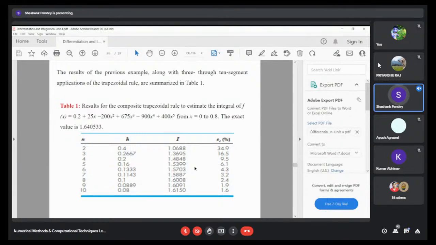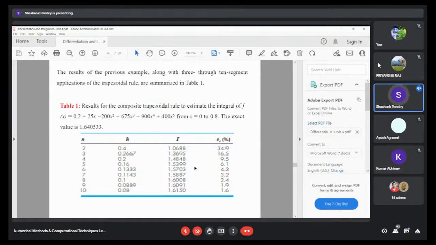However, once we made n is equal to 10, that is, the number of segments were 10, the approximate error reduced to just 1.6. But you see that there is a lot of computation time involved in this calculation. Obviously, it is very difficult to solve using hand calculations. You have to write a computer program for this, and the computer will also take a good amount of time to solve this.